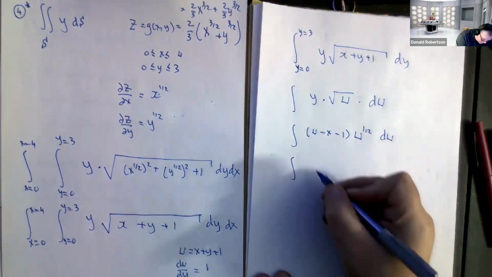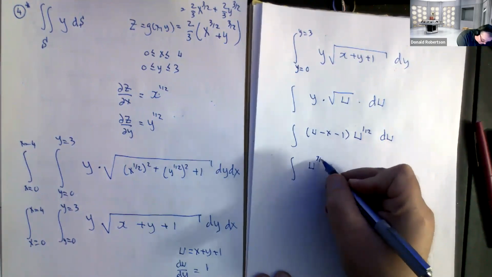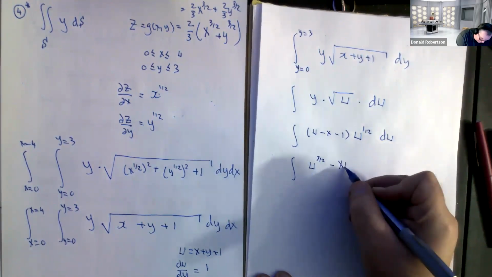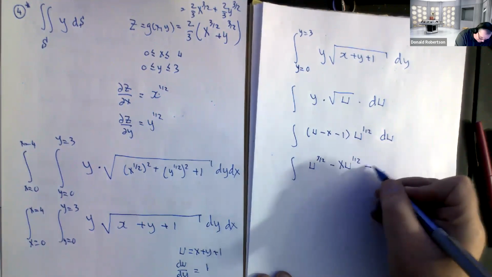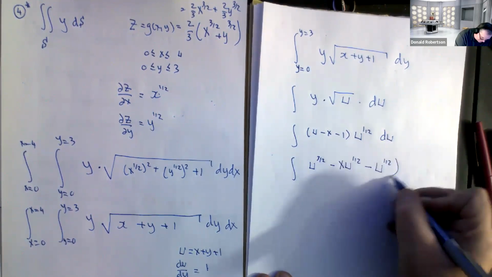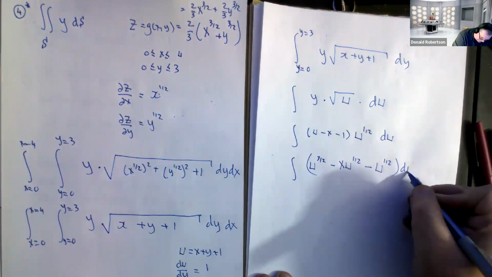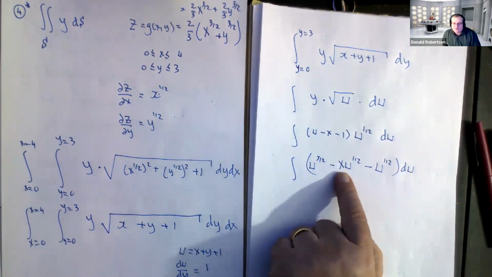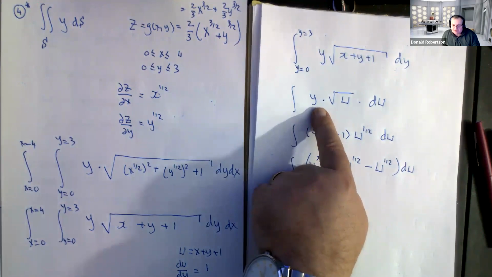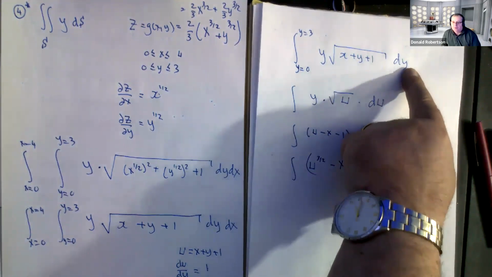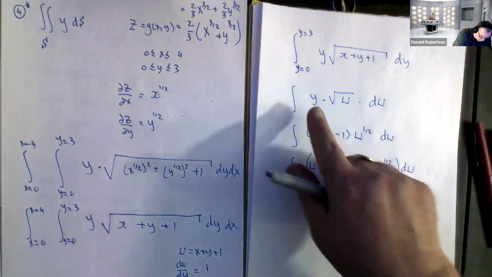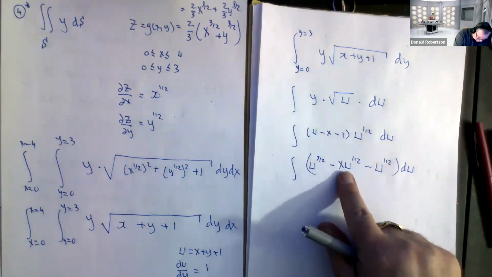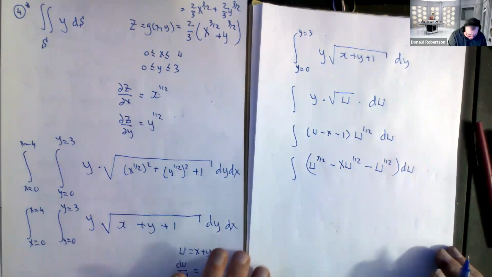So we're now going to get u to the 3/2, take away x u to the half, take away u to the half du. And it's okay to have x's because they're considered constants. It wasn't okay to leave that as a y because y was being considered a variable. So if you're wondering why I needed to fix this, but I could leave that alone, that's the reason.